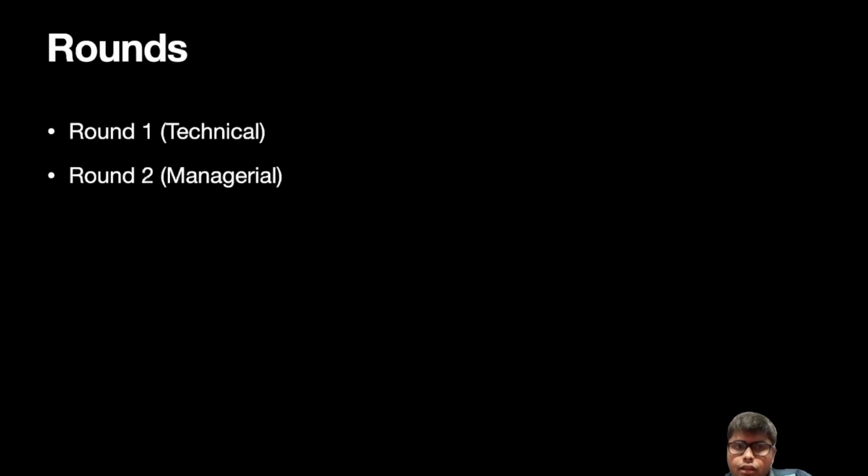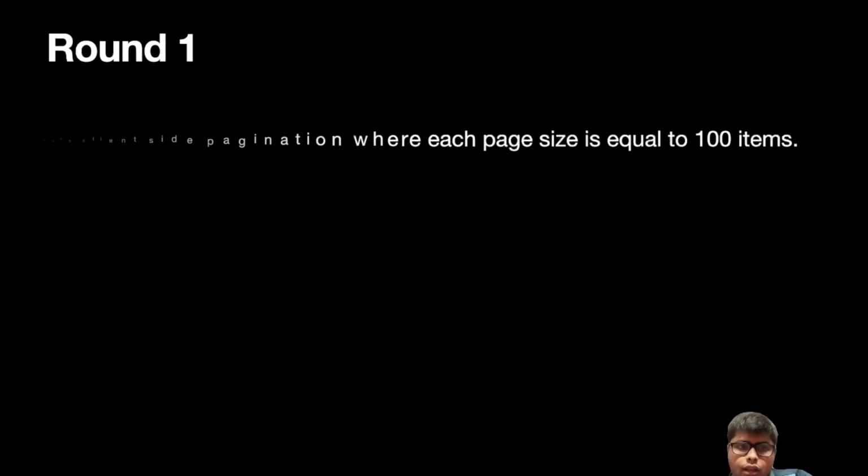Now if I move forward to round 1, which was the technical round. They gave me a problem set to create client side pagination, and they gave me a mock API that fetches the whole data in one go.